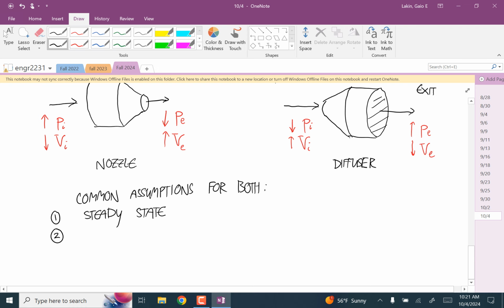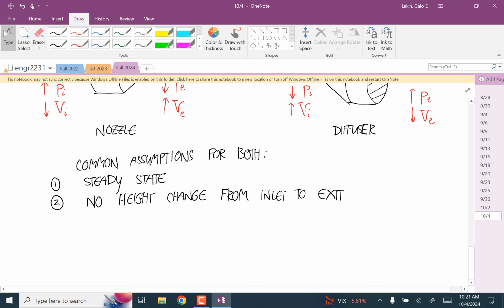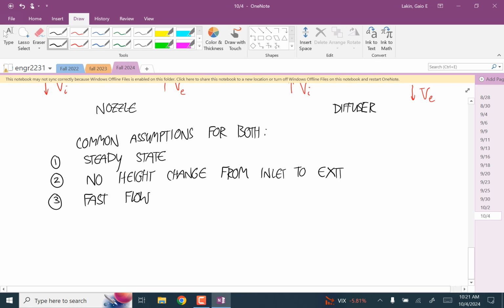Second, we're going to assume that there's no height change from the inlet to the exit. Third, we're going to assume that this is fast flow. And fourth, we're going to assume that this device is rigid.